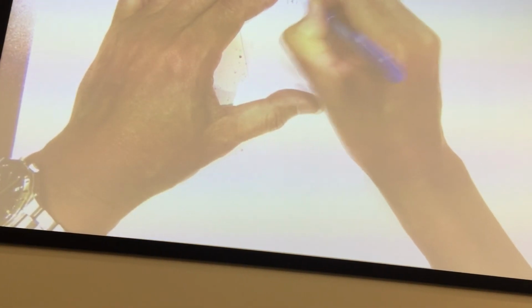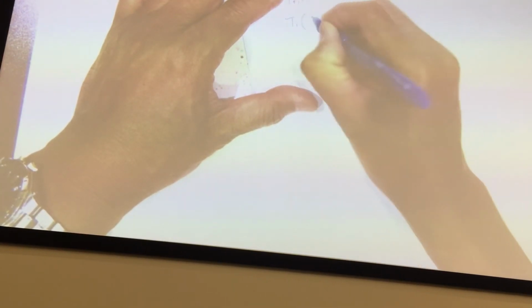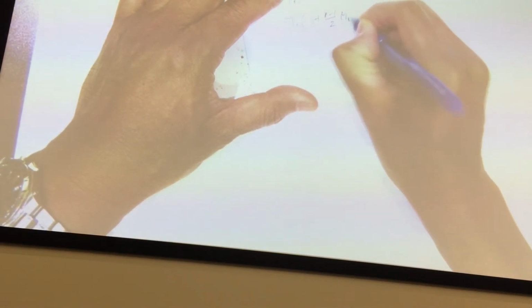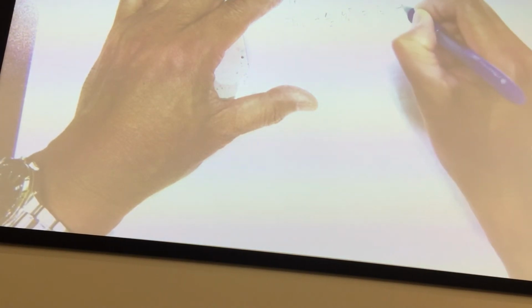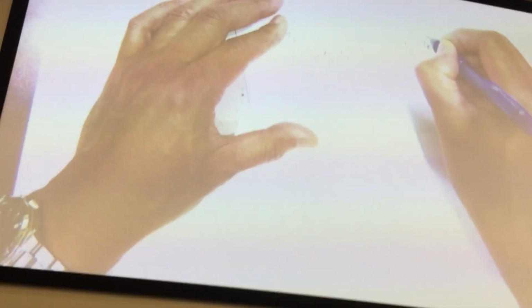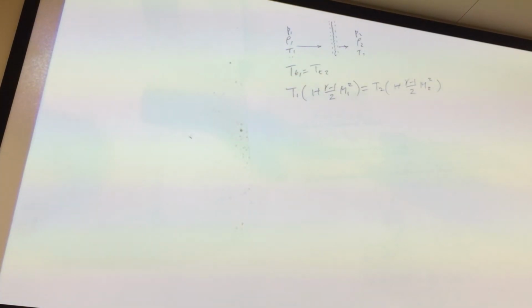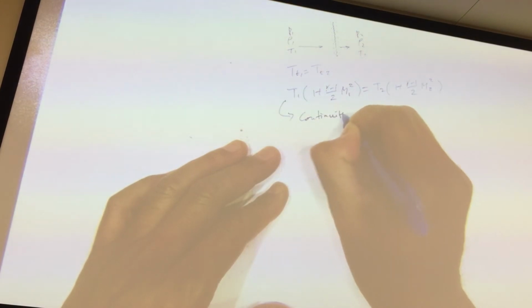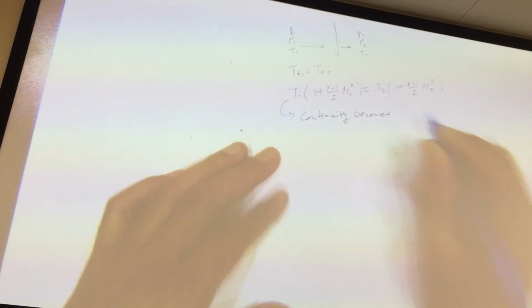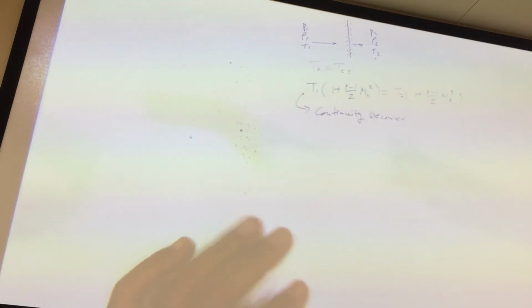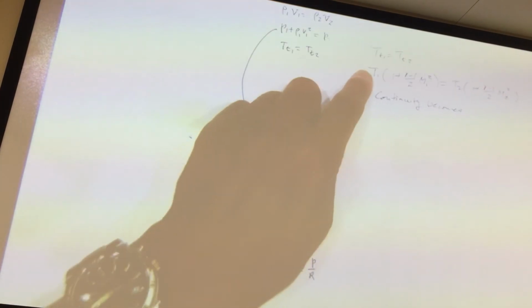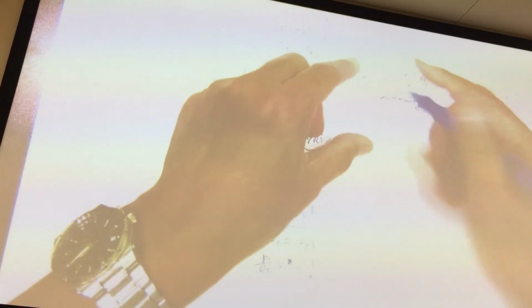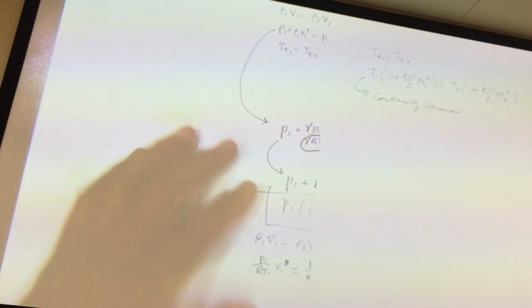And then, because your TT1 is equal to TT2, T1 times 1 plus gamma minus 1 over 2 M1 squared is equal to T2 times 1 plus gamma minus 1 over 2 M2 squared. So then continuity becomes, you can easily show, because your continuity has square root of T1 and square root of T2, you square everything and make them a ratio.